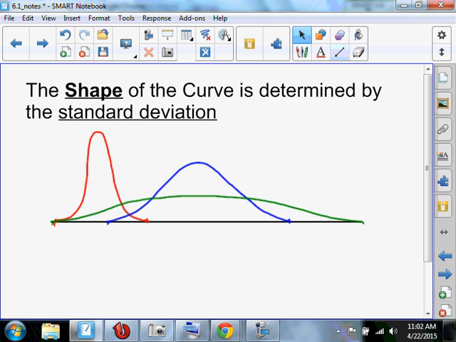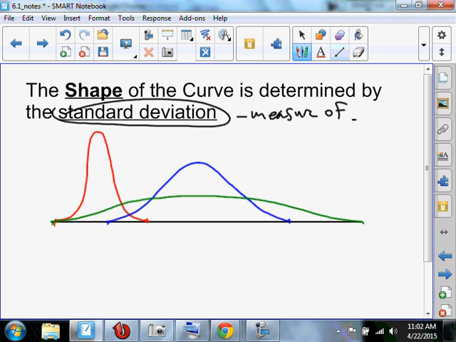And I never understood this until I thought about it. Think about the definition of a standard deviation. By definition, standard deviation is defined as the measure of, that 6-letter word.